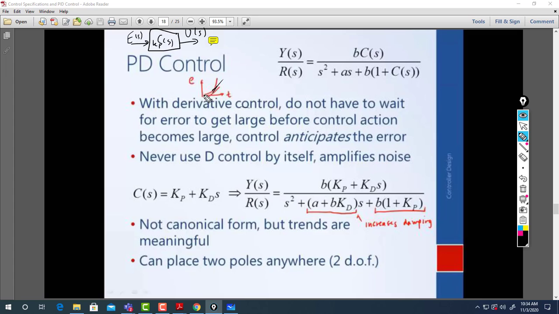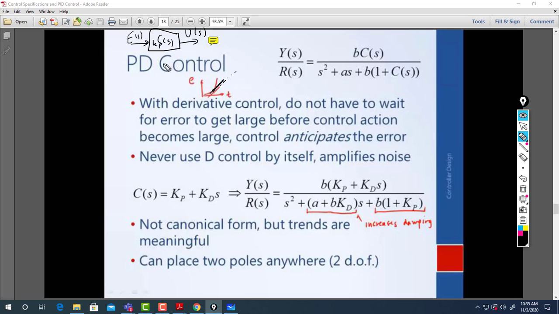If I see my error trending up a little, I take the slope of it. That's the derivative. I can predict that my future will be a high error, so I anticipate it directly. That's the importance of having a derivative term. That's why it makes your system even more stable, contributing to the stability of the system. So the control anticipates the error.